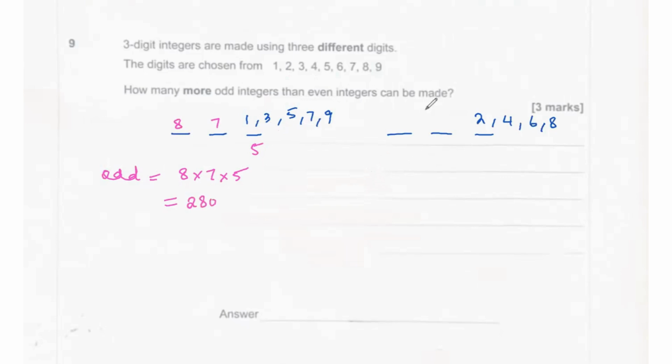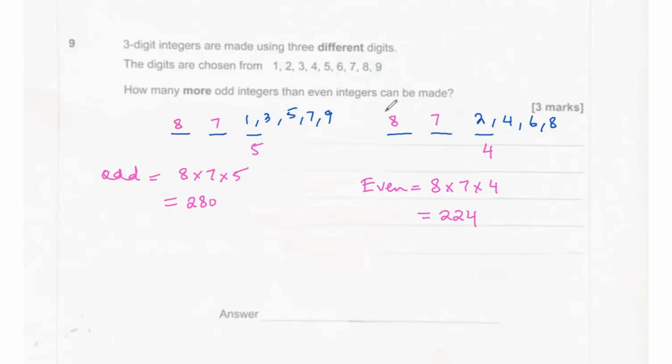Now for even, we have already chosen that the last number is going to be an even number. So 1 digit is already gone, so again, we have 8 options over here, 7 over here, but now we have 4 options over here because we have 4 even numbers. So for even, it's going to be 8 times 7 times 4, which is going to give us 224.